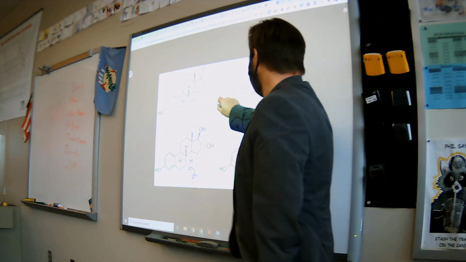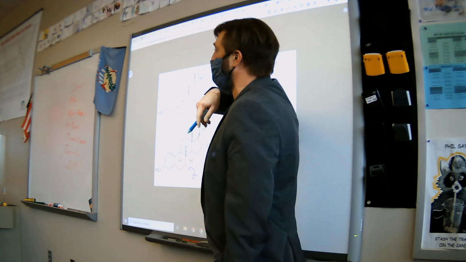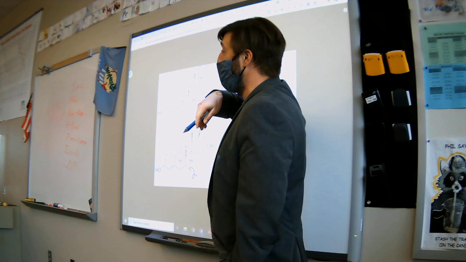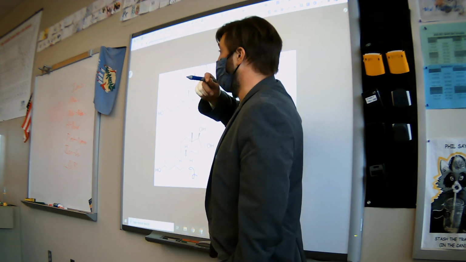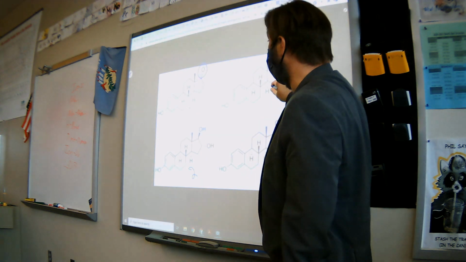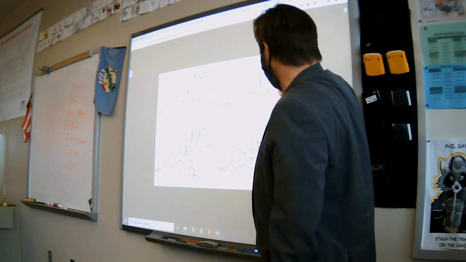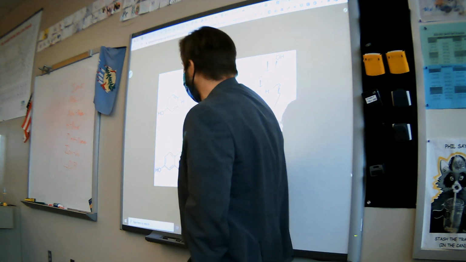Question, what's up with the double bond? The double bond? Well, can this thing make a hydrogen bond? No, it doesn't have a hydrogen. Can it still do dipole? Yeah. So which one's stronger, hydrogen or dipole? Hydrogen. So this one, then this one.